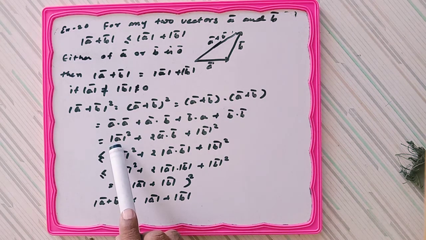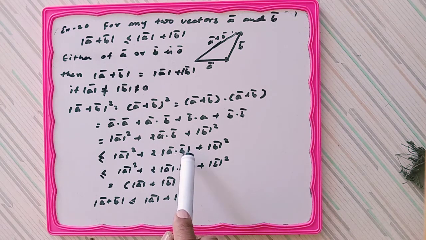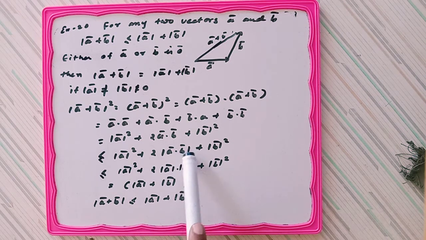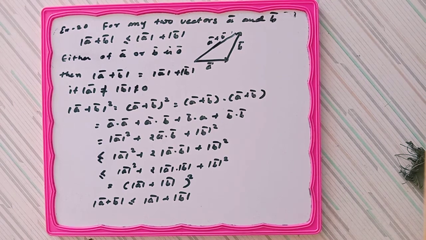And so it will be magnitude A bar squared plus 2 A bar dot B bar plus magnitude B bar squared. Since the magnitude of A bar dot B bar is less than or equal to magnitude A bar times magnitude B bar, it is at most magnitude A bar squared plus 2 magnitude A bar times magnitude B bar plus magnitude B bar squared, which is (magnitude A bar plus magnitude B bar) whole squared. So removing the square, the magnitude of A bar plus B bar is less than or equal to the magnitude of A bar plus the magnitude of B bar.